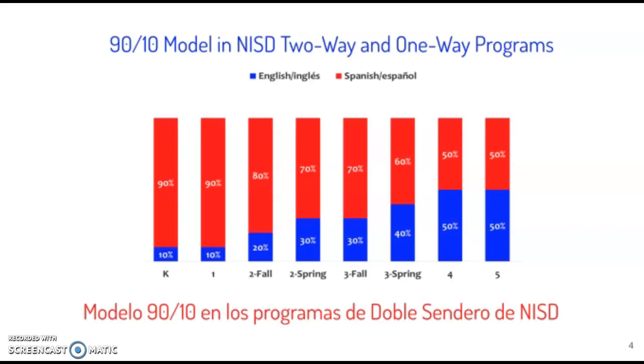For example, grades kindergarten and 1st grade start with 90% Spanish instruction and 10% English instruction. As you can see in the red, which is a Spanish instruction, it starts decreasing as the years go by, whereas the blue, which is the English instruction, starts increasing.